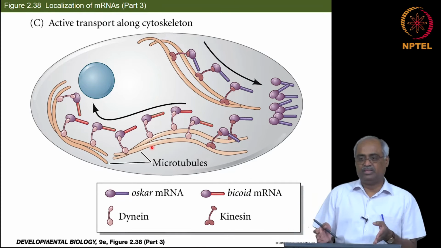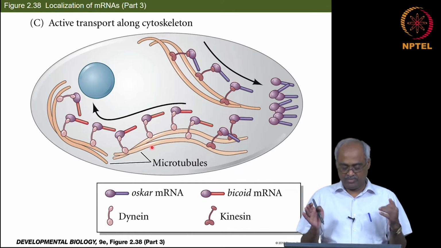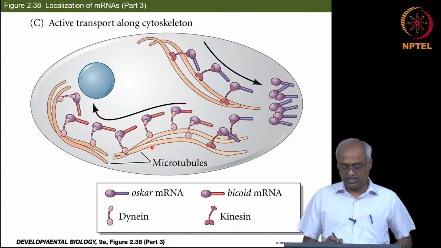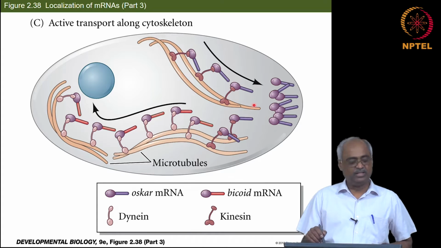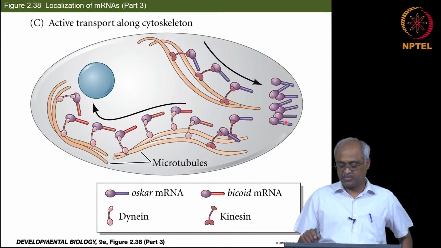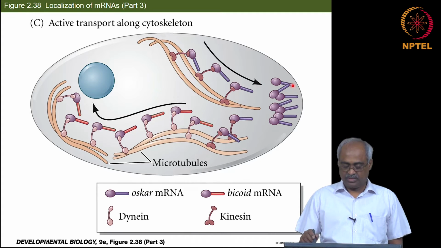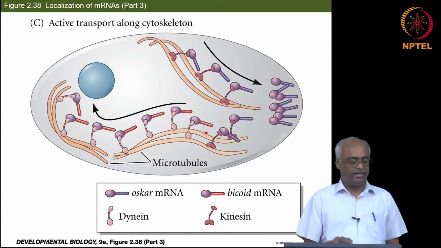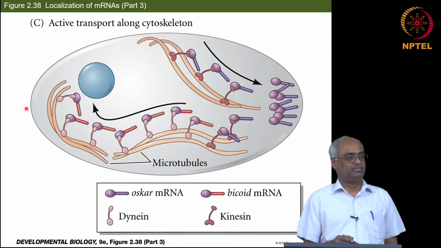So, again these are all from the Drosophila embryo itself. So, in oocytes we are looking at Oscar mRNA on microtubules, which by the motor proteins gets transported to the posterior. At the same time, on microtubules pointing towards the opposite direction, motor proteins transport bicoid mRNA to the anterior.